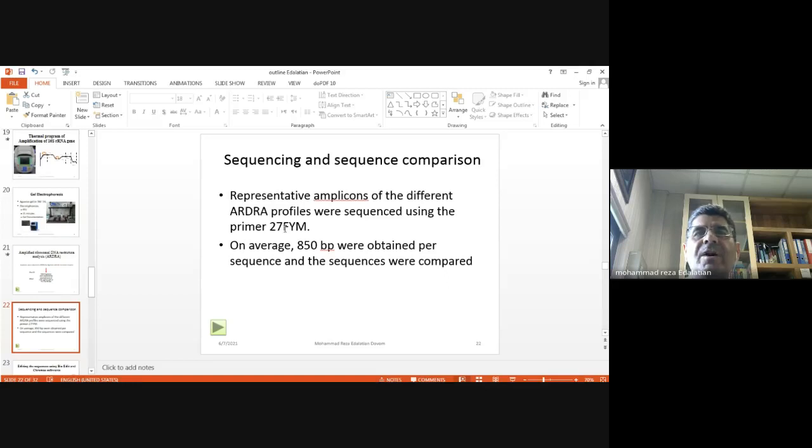We should send the PCR products of different ARDRA profiles for sequencing. On average, 850 base pairs were obtained per sequence, and the sequences were compared.